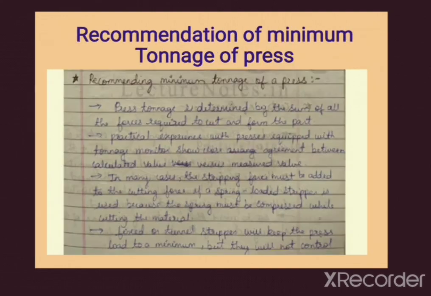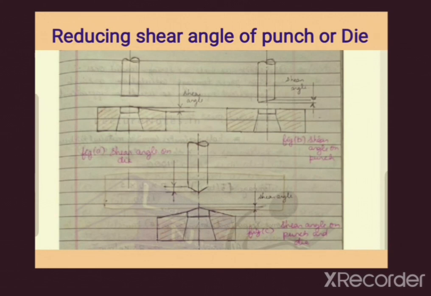And in the third case, shear angle on punch as well as die. In this way you can provide shear angle on the punch or die, or on both, and you can reduce the required cutting force.